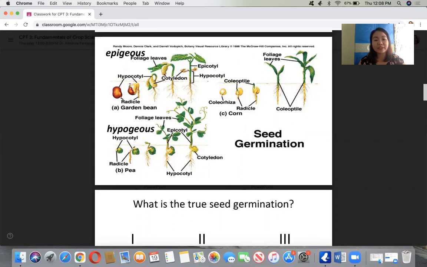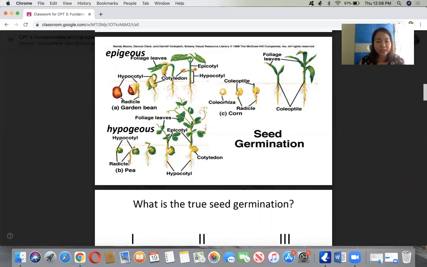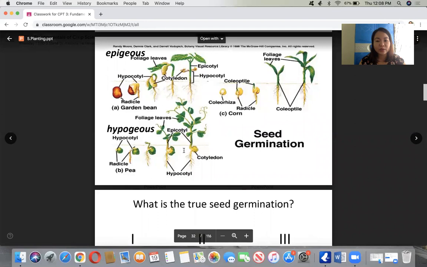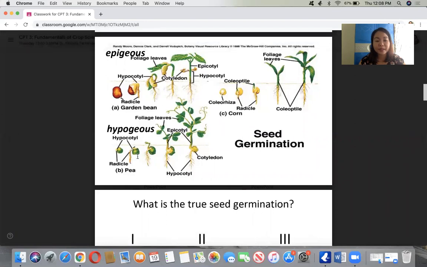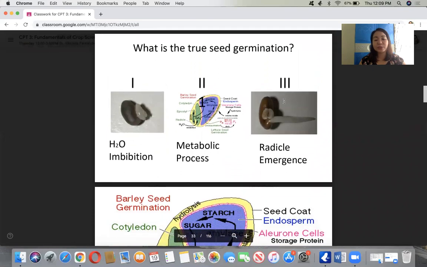An example of epigeous is the garden bean, where the cotyledon as well as the hypocotyl is raised above the ground. For hypogeous, we have the pea and the corn, wherein both the hypocotyl and the cotyledon are left below the ground.